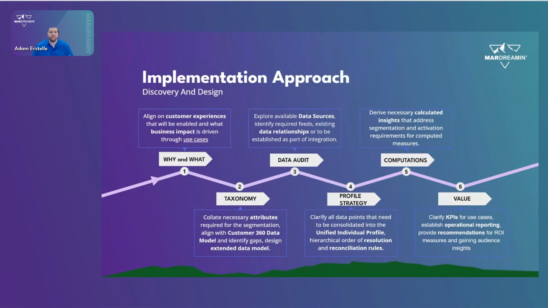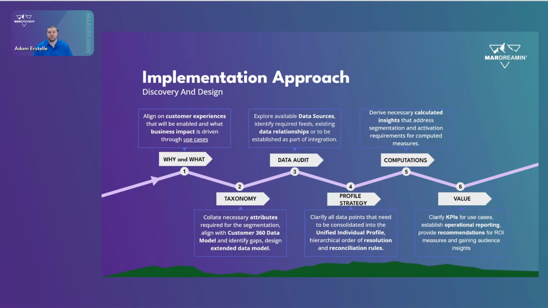Now, when we're thinking of that from an implementation, there's a series of steps that you'll go through for, frankly, any software implementation in the world. And when we're thinking of beginning with the end in mind, we want to start at the end of this path. What's the value? What's the thing that we're trying to drive? Then from a design perspective, we start working backwards. Okay, in order to see this metric, what are some of the computations or calculations that we're going to have to do?